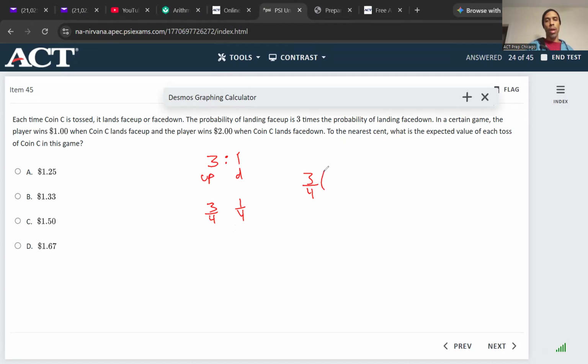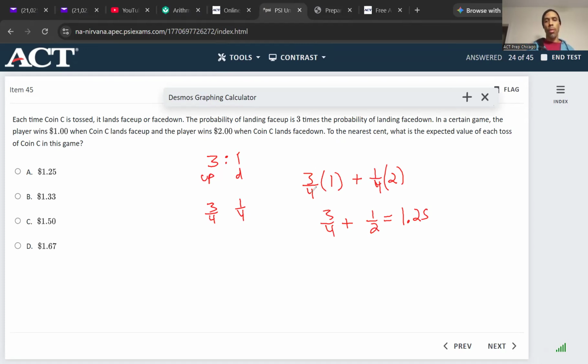So 3/4 times the payout for the coin facing up, which is 1, plus 1/4 times it facing down, which is 2. So it'd be 3/4 plus 2/4, which is 5/4, which would equal 1.25. That's the expected value. I think it's A.